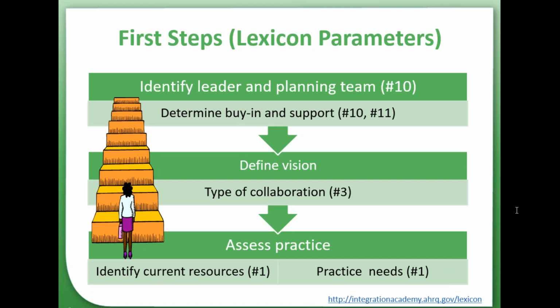And so this lexicon can also be used to help you move tobacco cessation forward in your organization. Starting at the top, first is identifying a core planning team and leadership support. Along with that, everyone should be given the opportunity to be involved in the planning process, everybody who could potentially be a part of this initiative that you're working on.